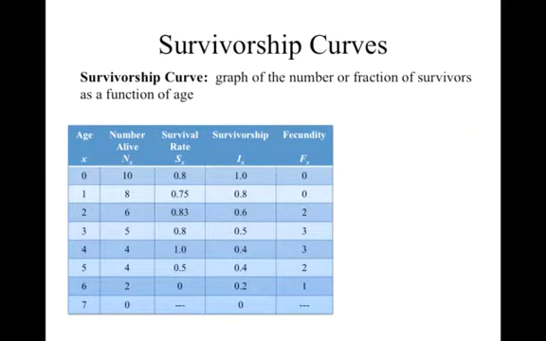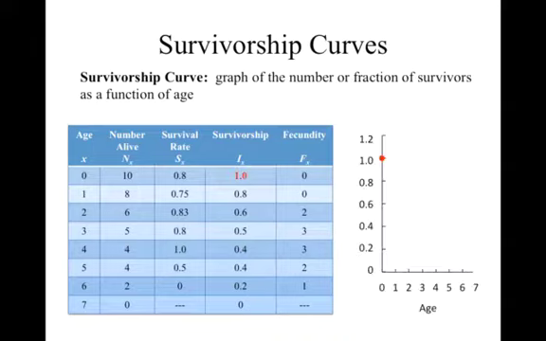We made life tables. We've calculated survival rates. We've calculated survivorships. Who cares? Well, the first thing that you can do with a life table is make what's known as a survivorship curve. And this is a graph of the fraction of survivors as a function of age. So if I plot survivorship as a function of age, at age 0, everybody should have survived. Doesn't take anything to survive, no time at all.